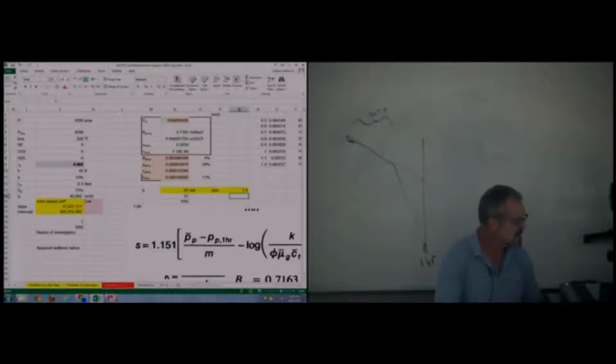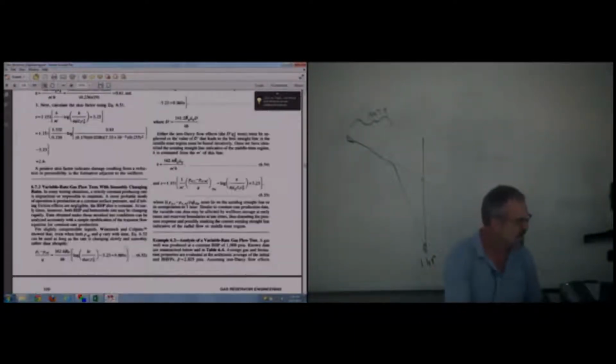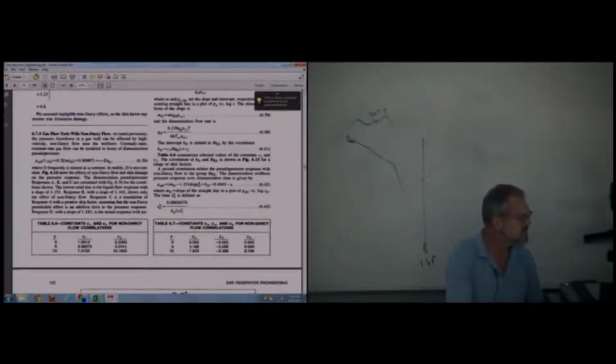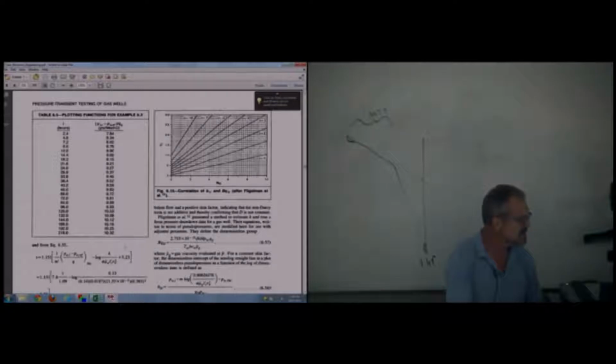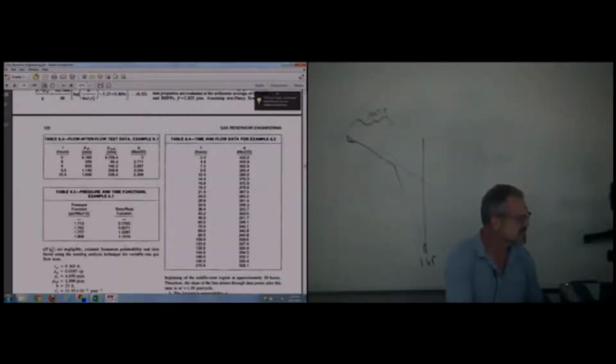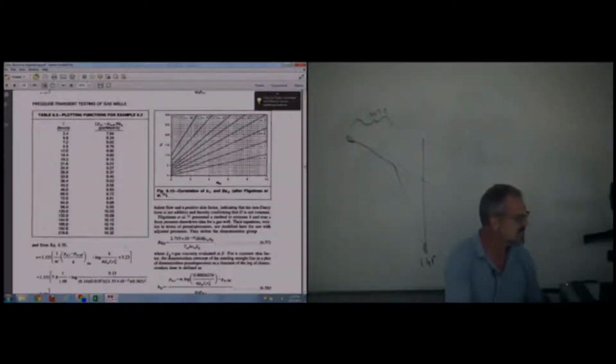And what did the textbook get for this problem? Is this it? That's 6.2. We're 6.3.